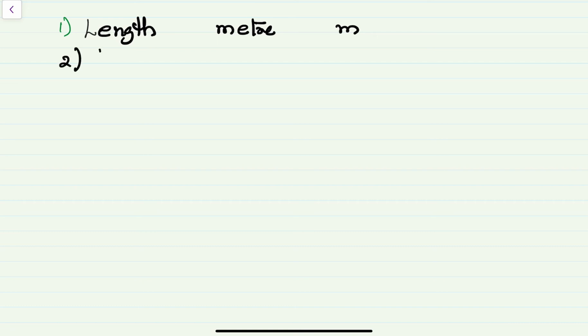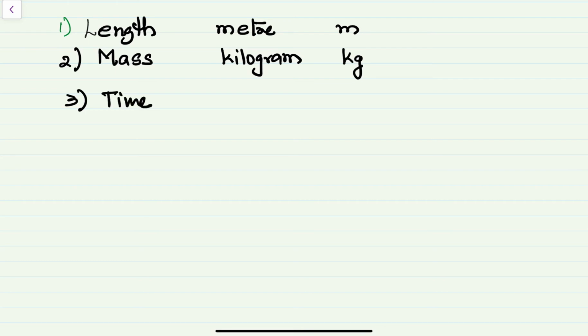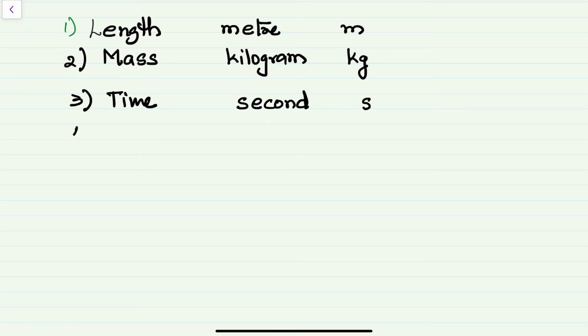Second one is mass. Kilogram is the unit, simply written as kg. Third one, time. The unit is not minute or hour, it is the second, with symbol s. We define this time using the hyperfine levels of the cesium atom. That is different; they don't ask for such definitions in the exam. However, first I should write all the 7 fundamental quantities.